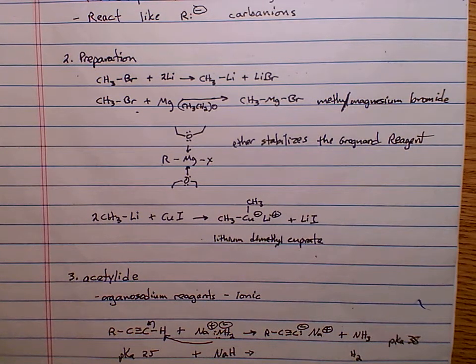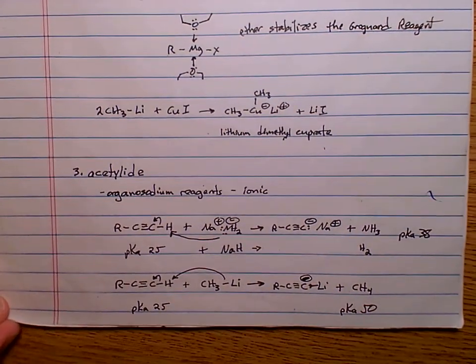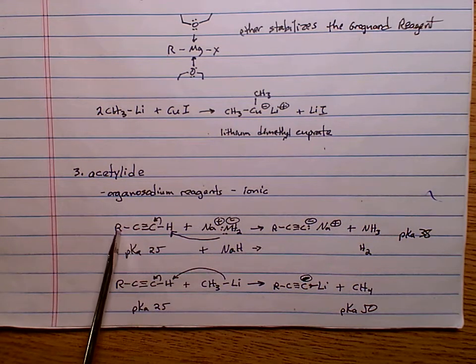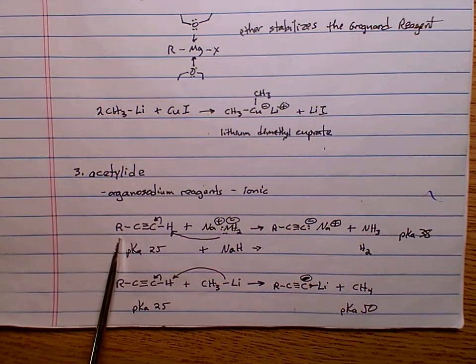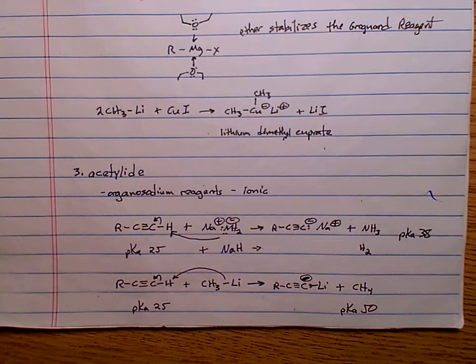All right. One organometallic reagent that we learned about way, way back in Chapter 2 was acetylide. We recall that if we have a terminal alkyne, the pKa of this proton is 25, which is fairly acidic for a proton on carbon.